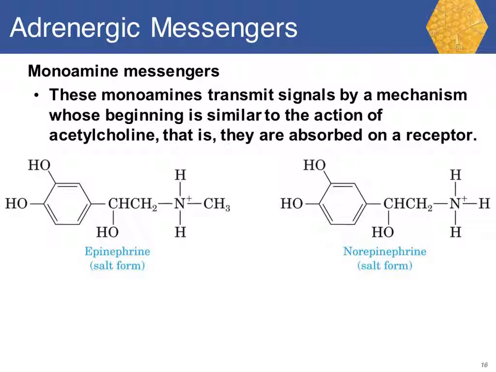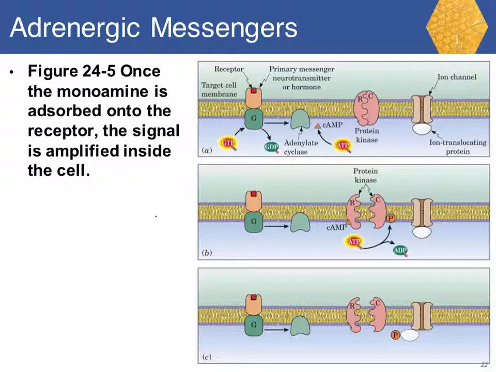You might have protein modifications, enzyme activation, and then the opening of membrane channels. There's a whole series of events that cause this to take place. So we're starting here, and you can see that the messenger, neurotransmitter or hormone, is adsorbed onto the receptor at the cell membrane, same way as we would acetylcholine.